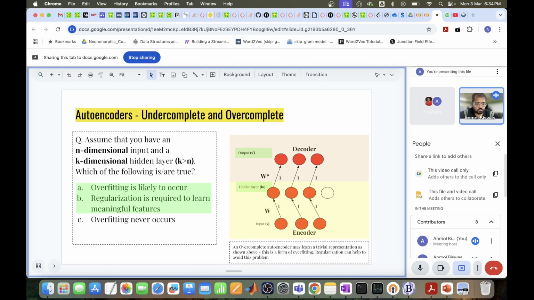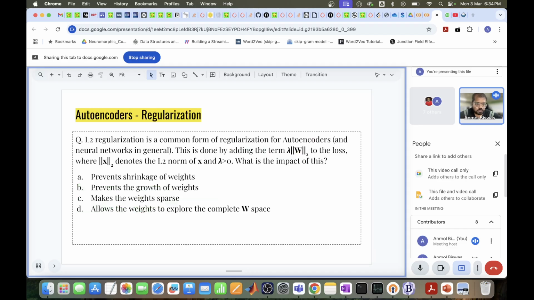So when you use heuristics, you often get these trivial solutions, which is a problem. With that, I hope it is established that if you have an overcomplete autoencoder, it is likely to overfit. And if it overfits, then you do regularization, right?